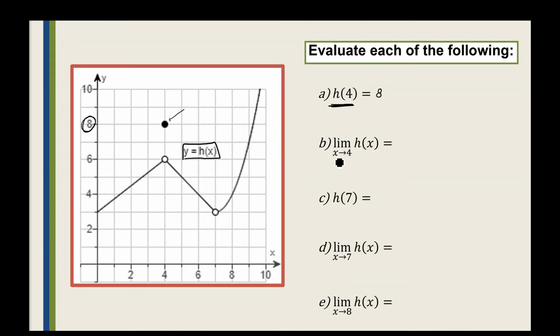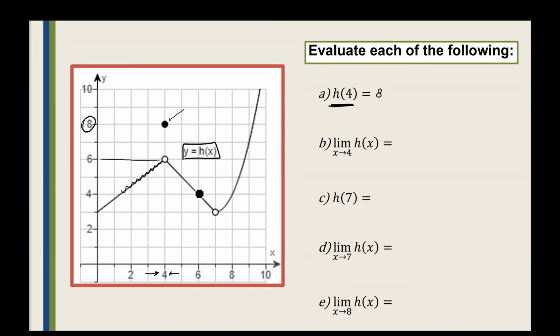And then in part B, we're asked to find the limit as x approaches 4 of h of x. So we want to look at what happens as x approaches 4 from both the left and the right. And you can see as x is getting close to 4 from the left, your function values are getting close to 6.